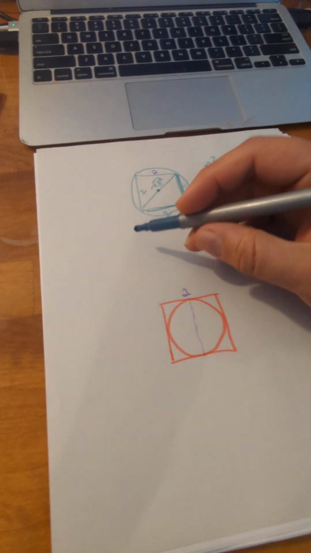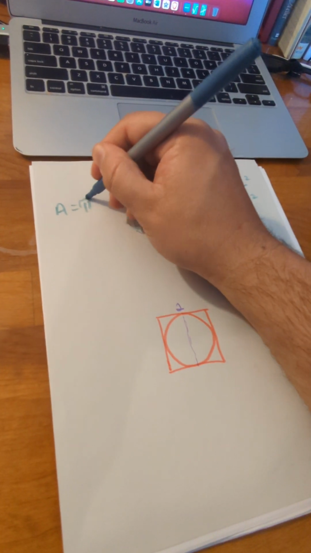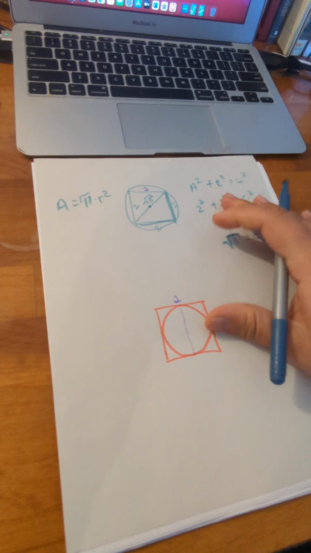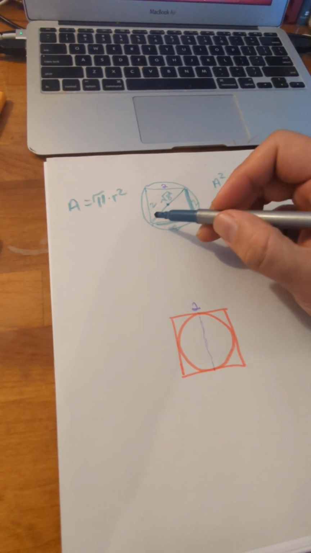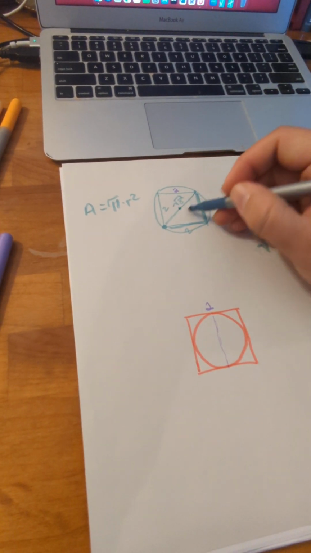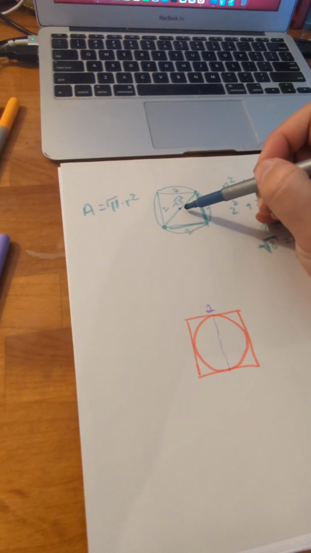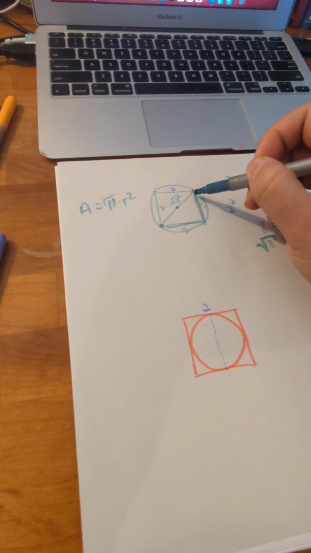Okay. The area of a circle is pi times the radius squared. This diagonal is also the diagonal of not only the square, but also of the circle. And so the radius would simply be the diameter divided by 2. So the diagonal and the diameter are the same length.